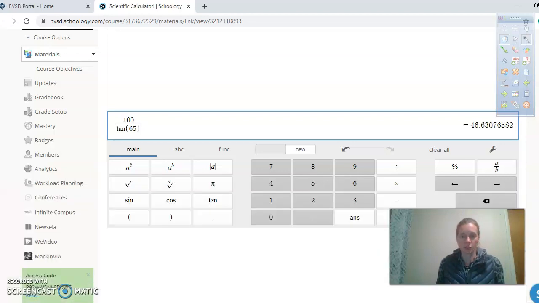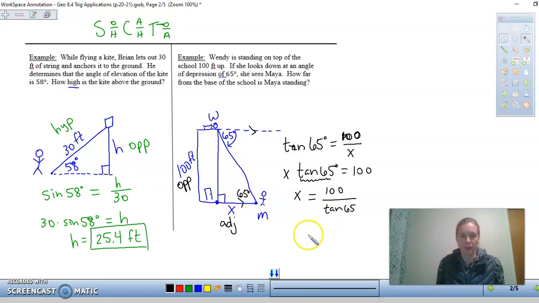Okay, so 46.6, I go back, and x equals 46.6, and again, you want to match the units, so this would be feet. So Maya is standing 46.6 feet away from the base of the building.